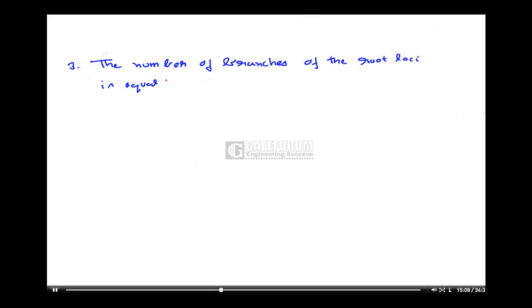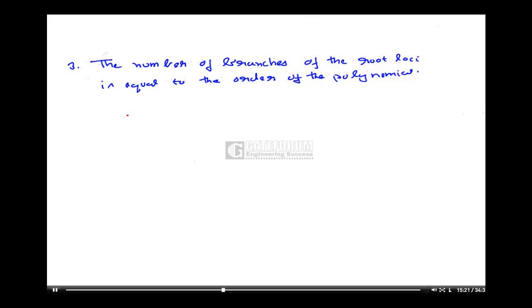Now property number 3 is related to the number of branches of a root locus. The number of branches in a root locus is equal to the order of the polynomial. The order of the polynomial is also equal to the number of roots of the characteristic equation.